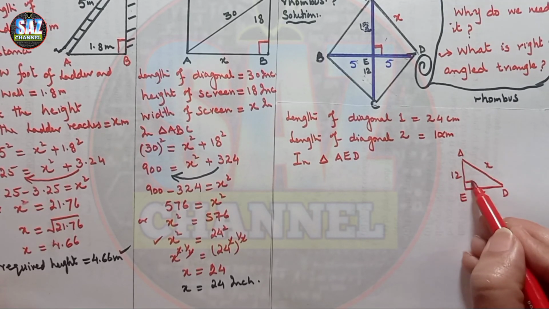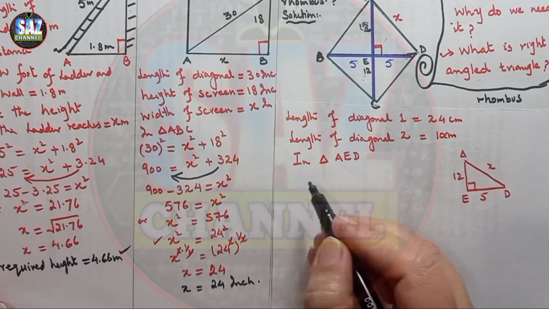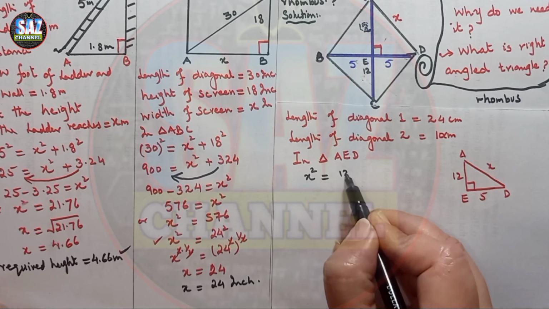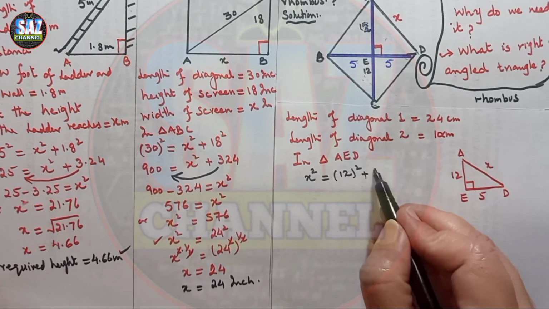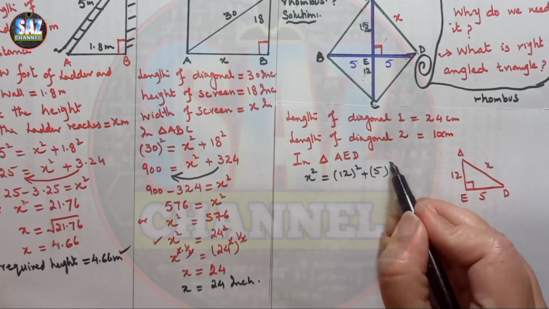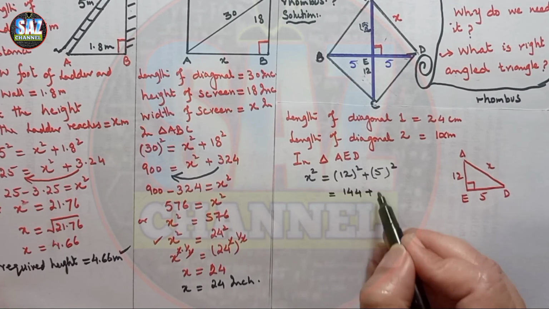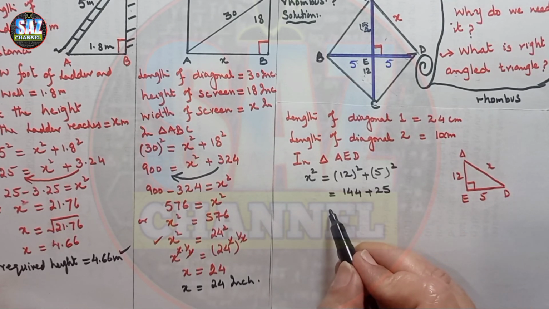And now the Pythagorean equation will take the form x square equals 12 square plus 5 square, and that is 144 plus 25. Always integrate your lesson with the previous lesson.